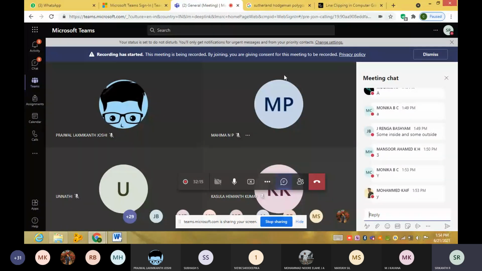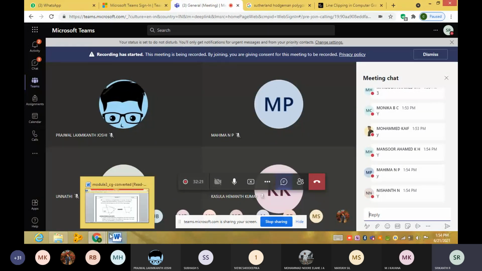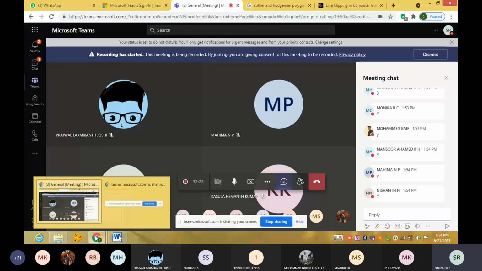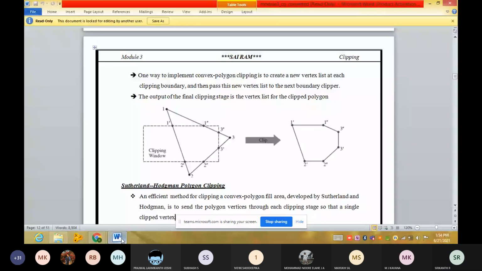Monica, Taifu, Mansoor, Mahima. Okay, let us see what Sutherland Hodgman is going to tell. He is going to give some 4 cases, guys. Based on those, we can clip the polygon.